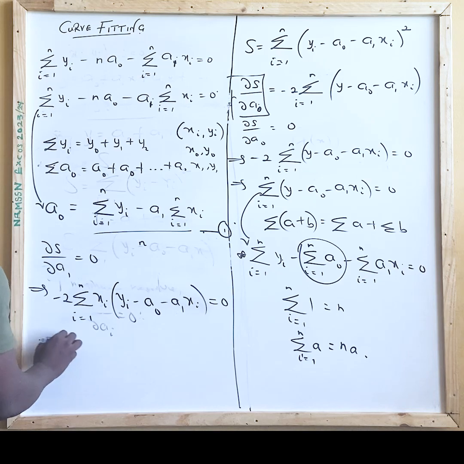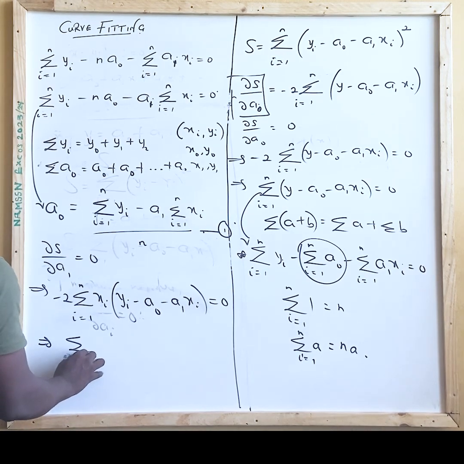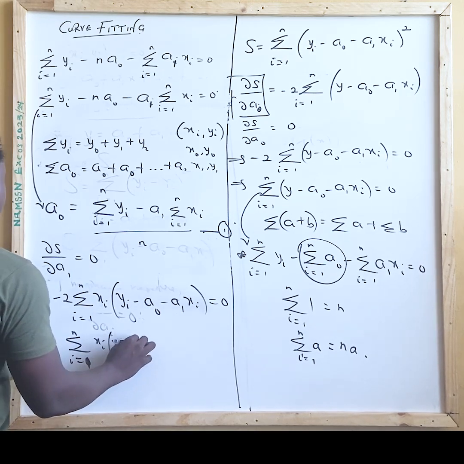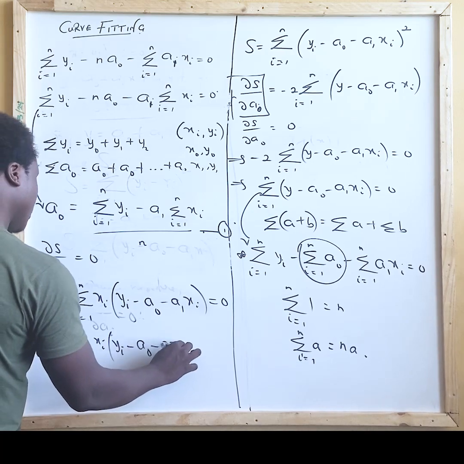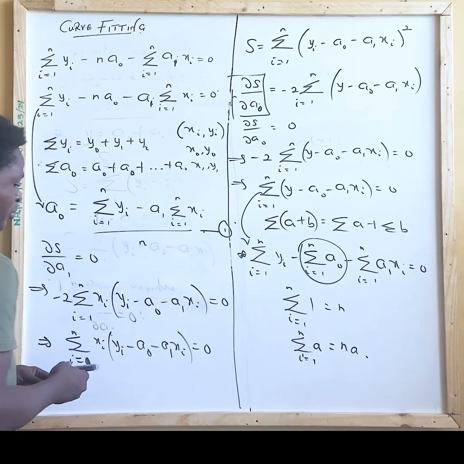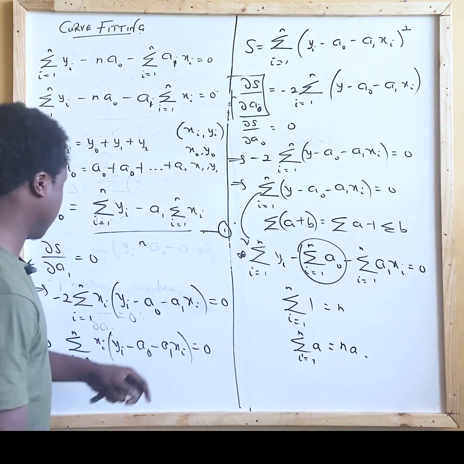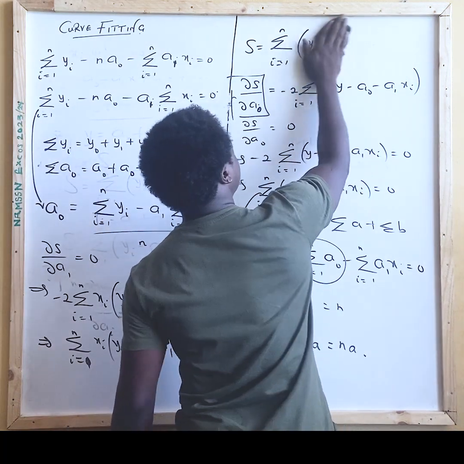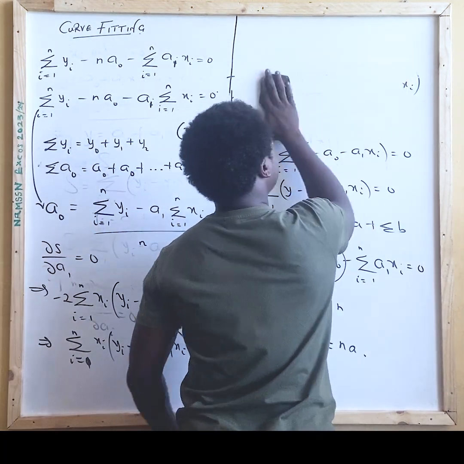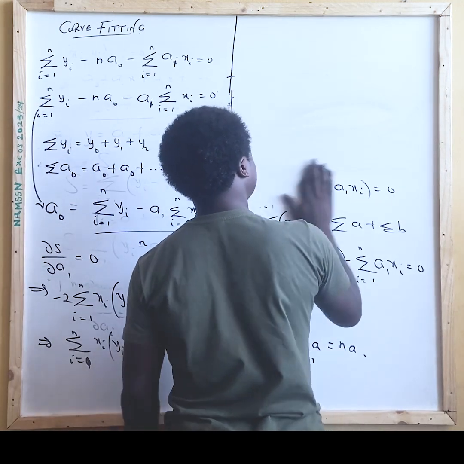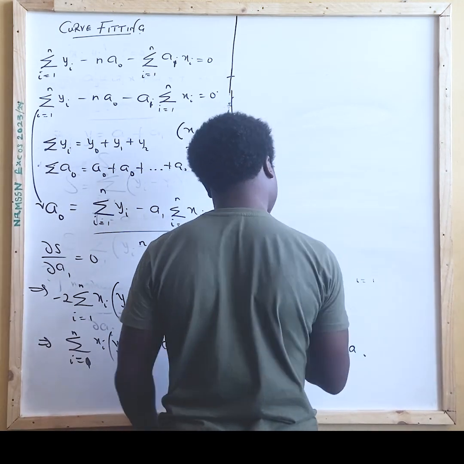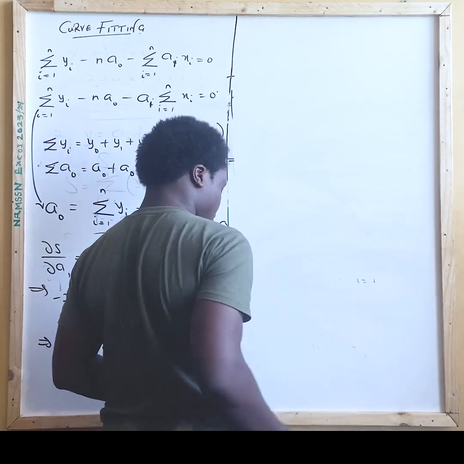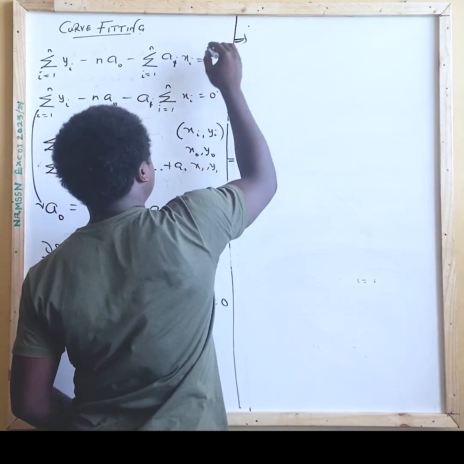We have this to imply that summation i from 1 to n xi times yi minus a naught minus a1 xi should be 0. Of course, we can expand all of this so that we have summation xi yi and so on.